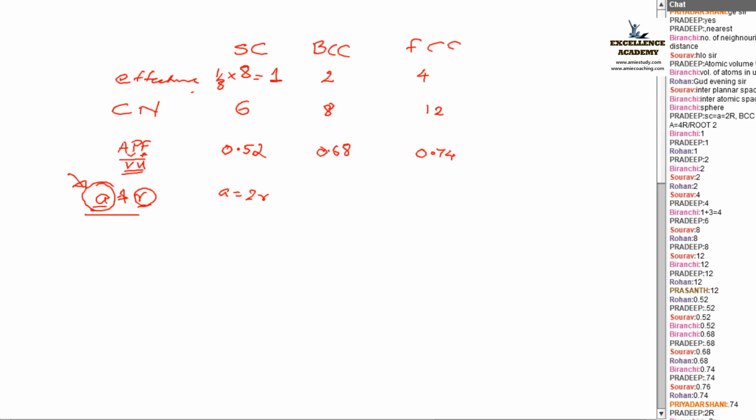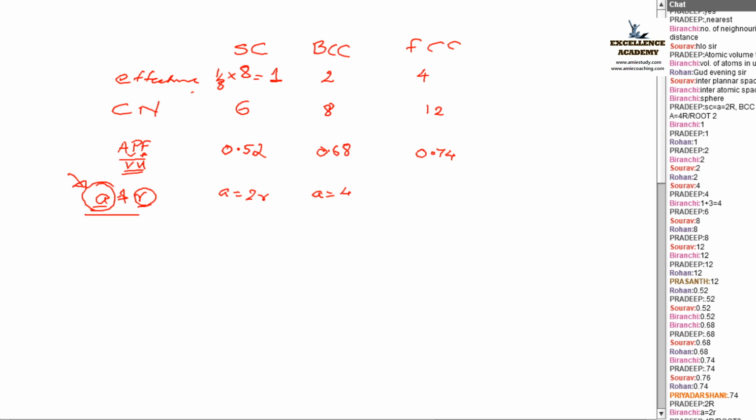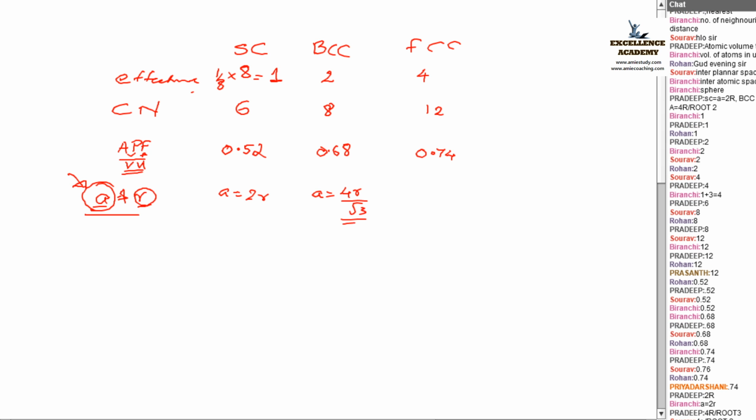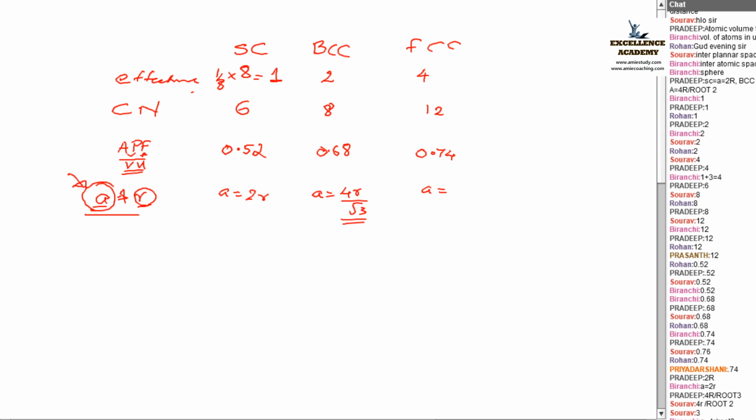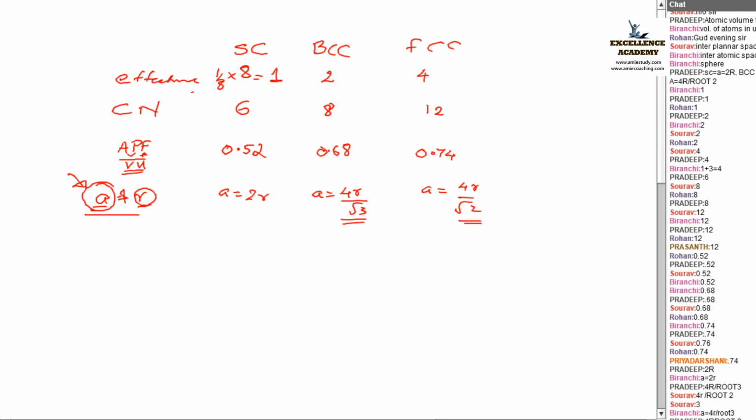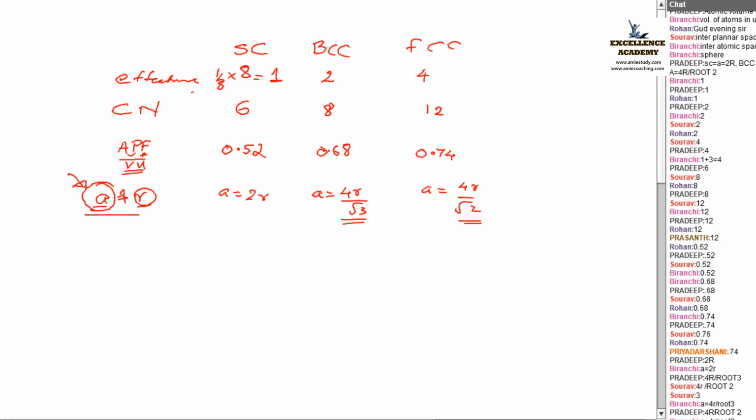In the case of a body centered cubic structure, A equals 4R by root 3. And for FCC, 4R by root 2 will come. So these are the things we discussed.